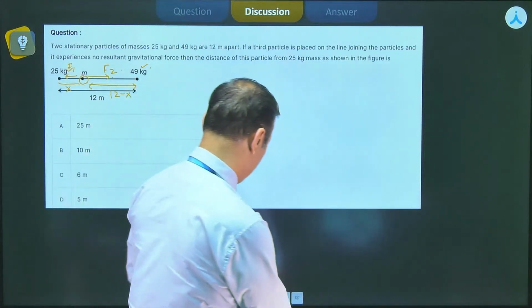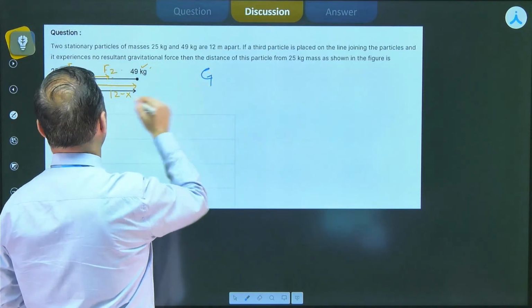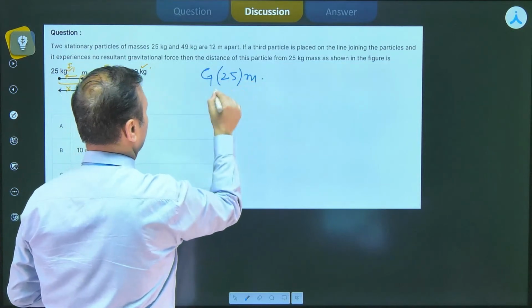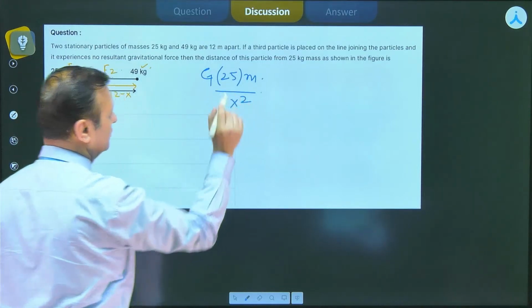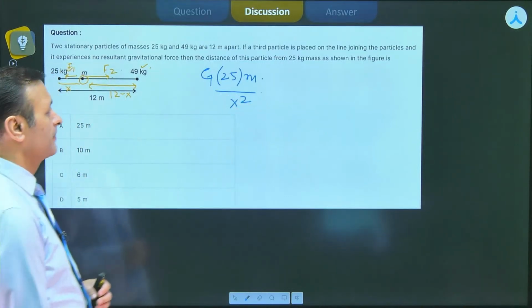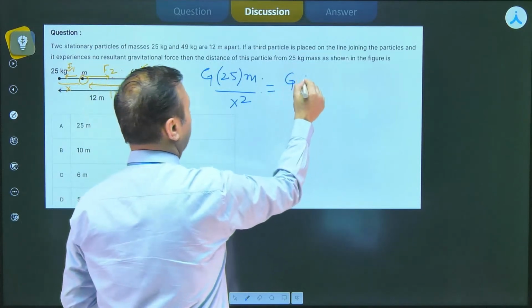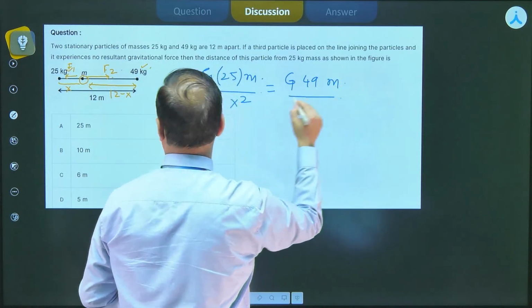Let me pick a different bright color. So G, 25 kg is the first mass, small m, and they are separated by separation x. For the other force, it is G, 49 kg, the mass is still m, the other mass, and this is 12 minus x.